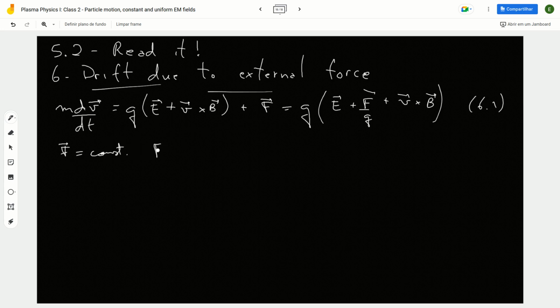So F will act similarly to E in the previous case.